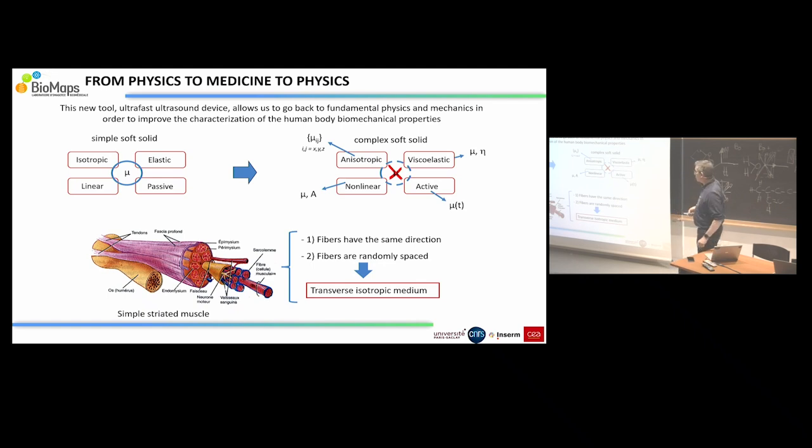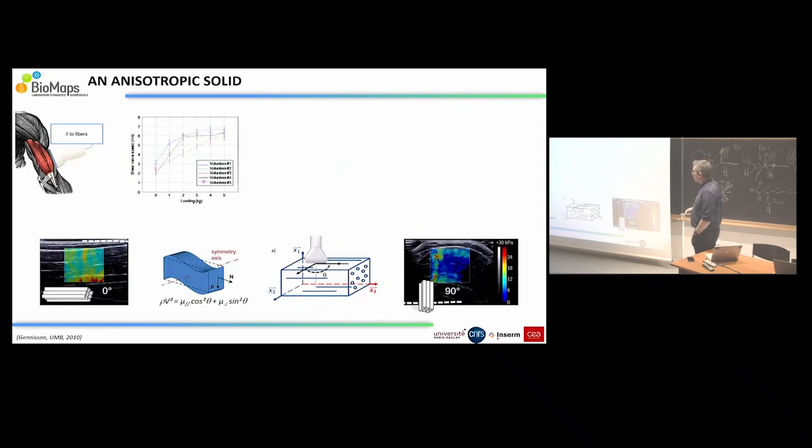So, all these parameters, how can we estimate them? First, for the anisotropy, I will take a simple fusiform muscle, like the biceps, and I place the probe aligned with the axis of the biceps. When I do elastography, I push with radiation force perpendicular to the fibers.